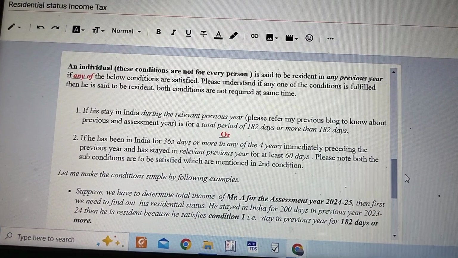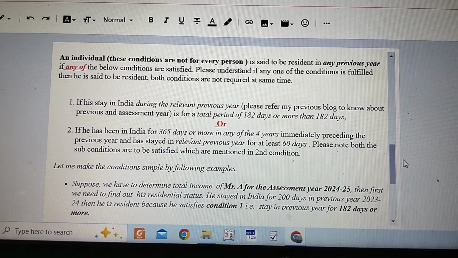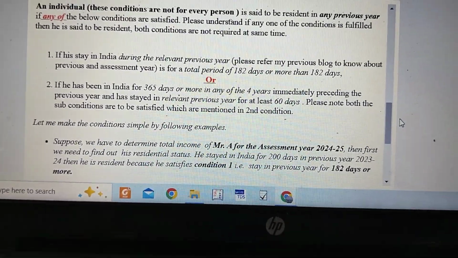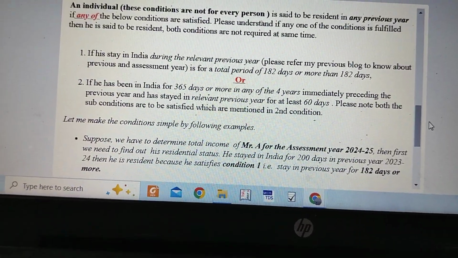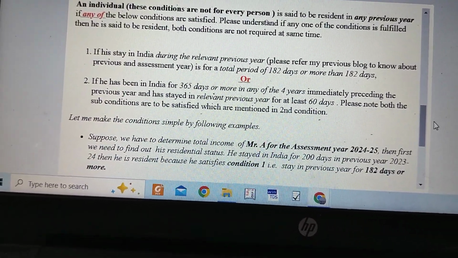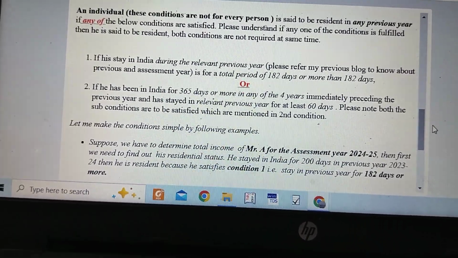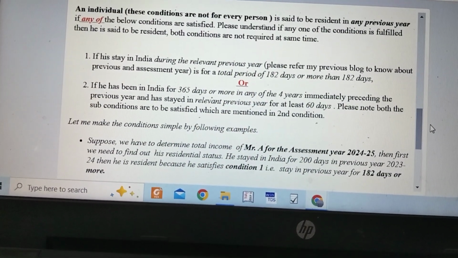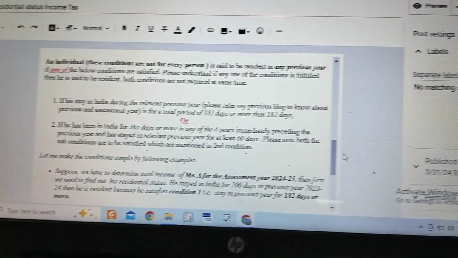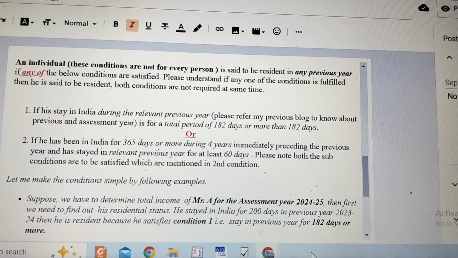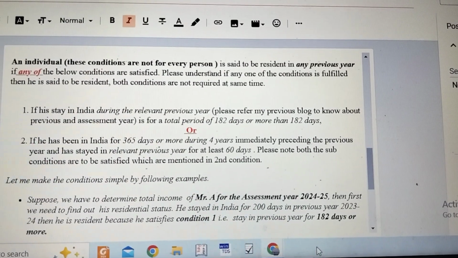But if that person stayed in India for less than 182 days in the previous year, then we need to check condition number 2. Condition number 2 says that he has to stay for 60 days in the previous year and 365 days or more during the 4 years immediately preceding the previous year.